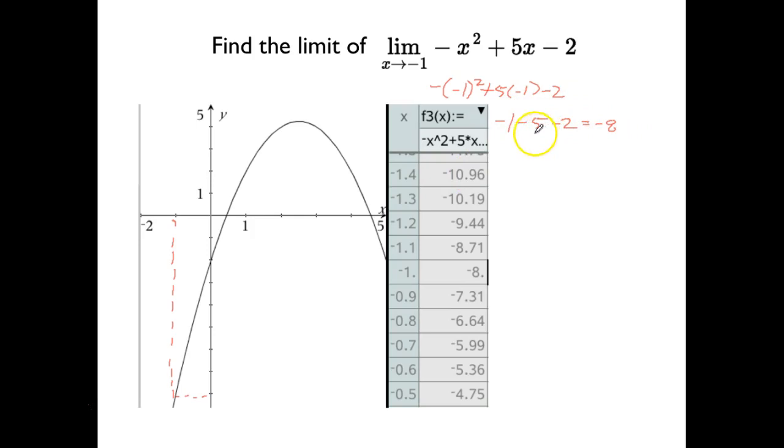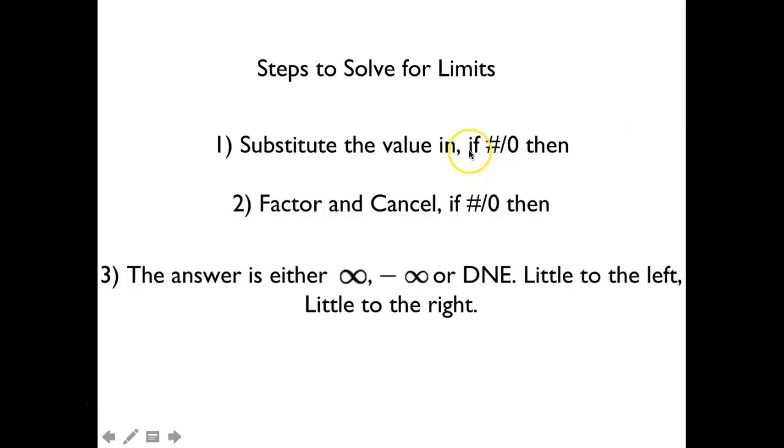Okay, so let's go over to our next PowerPoint slide. These are going to be the steps in order to solve any limit analytically for now, okay? So first thing you're going to do is you're going to substitute the value in, just like we did. If it gives you a number, that's your answer. Like right now when we did the other one, the answer was -8.